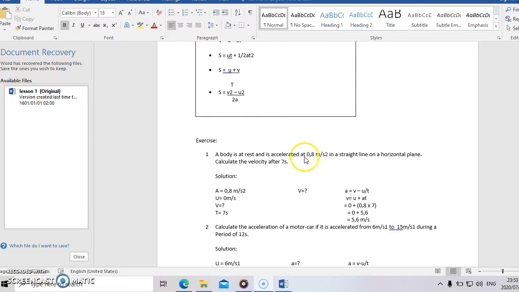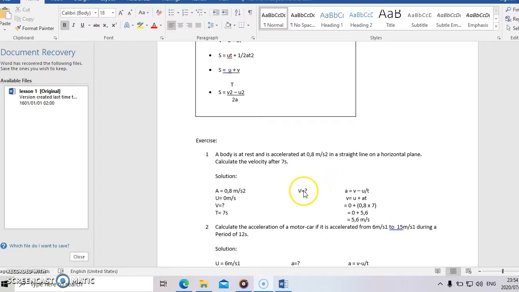It is accelerated at 0.8, so the acceleration is 0.8 meters per second squared. Now, in a straight line on a horizontal plane, calculate the velocity after 7 seconds. We've got the time. Now what they ask for is the velocity.